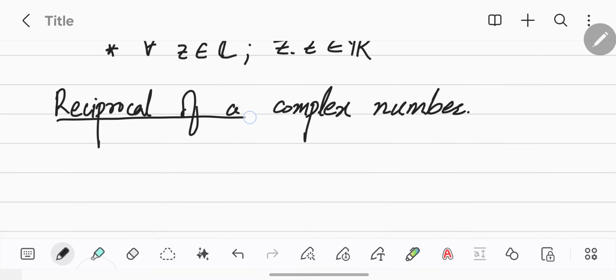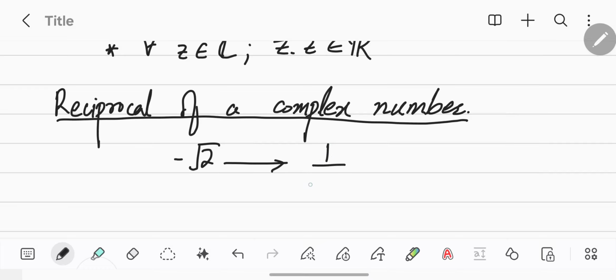So what is the reciprocal? For example, if I ask you to find the reciprocal of 5, you will write 1/5. If I ask you to find the reciprocal of 2, you will write 1/2. If I ask you to find the reciprocal of negative square root 2, you will write 1 by negative square root 2.